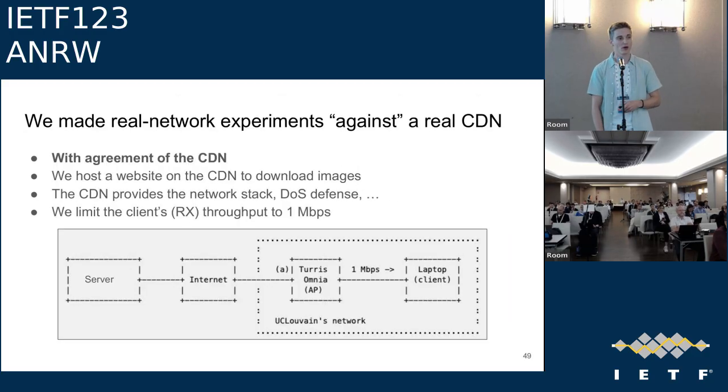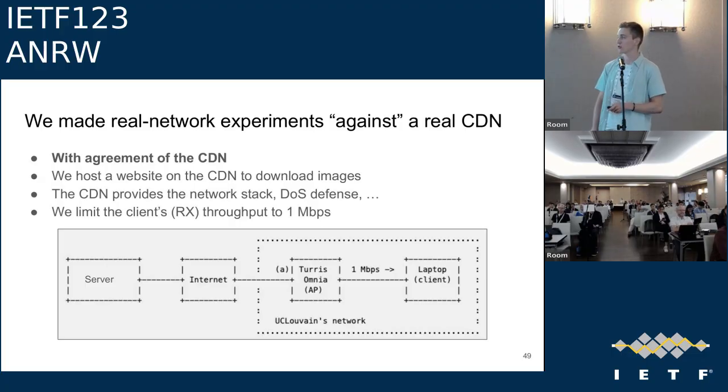Finally, we also wanted to make a real network experiment. For this, we had the agreement of a real CDN to do this on their network. So we hosted a website on their CDN, leveraging their network stack and their DOS defense mechanism.